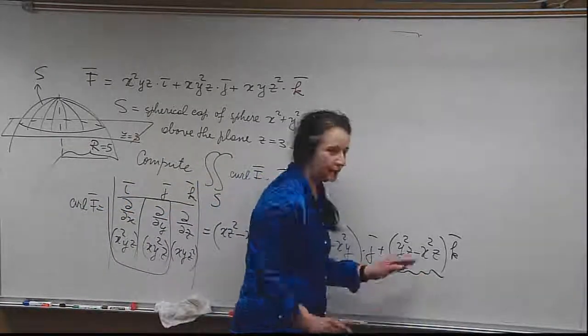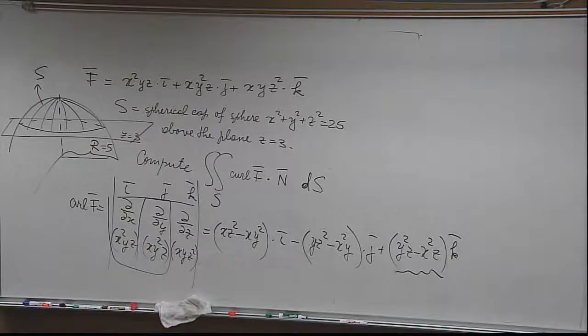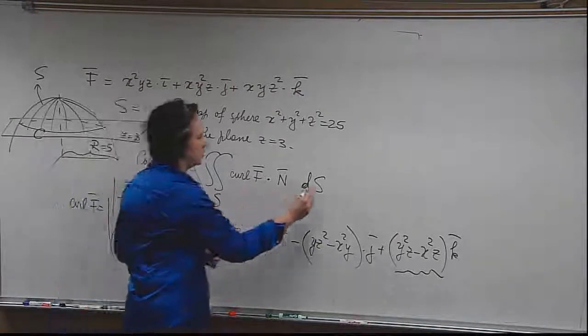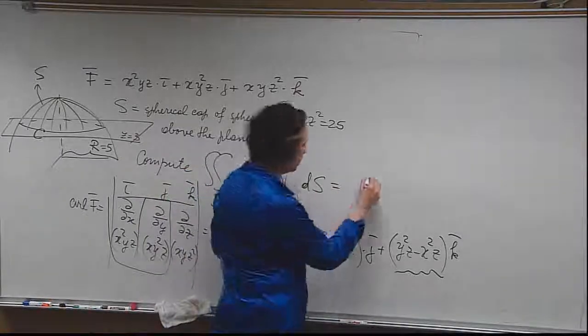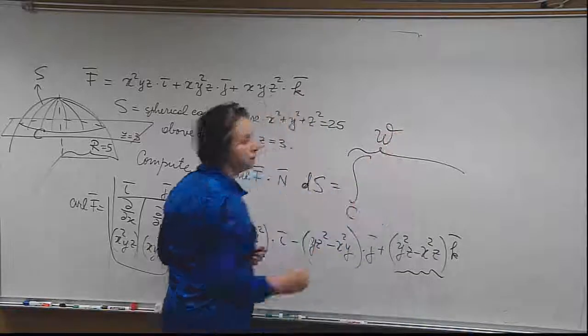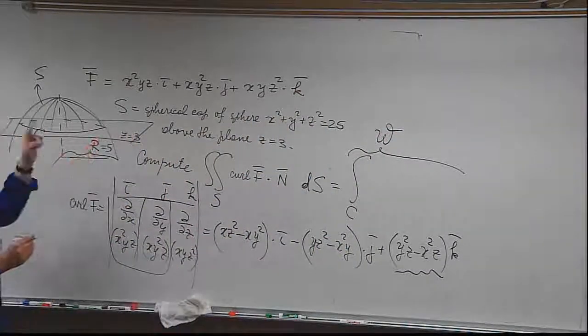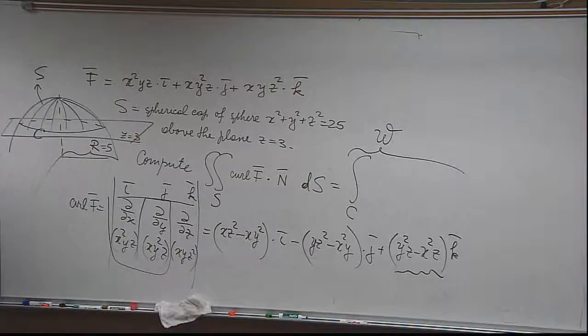That's what matters, that I check what I'm going to do. So now I say my C is a boundary, that's a circle. So the meaning of this integral given by Stokes is actually a path integral along the C at the level z equals 3. I'm at the third floor looking at the world from up there.